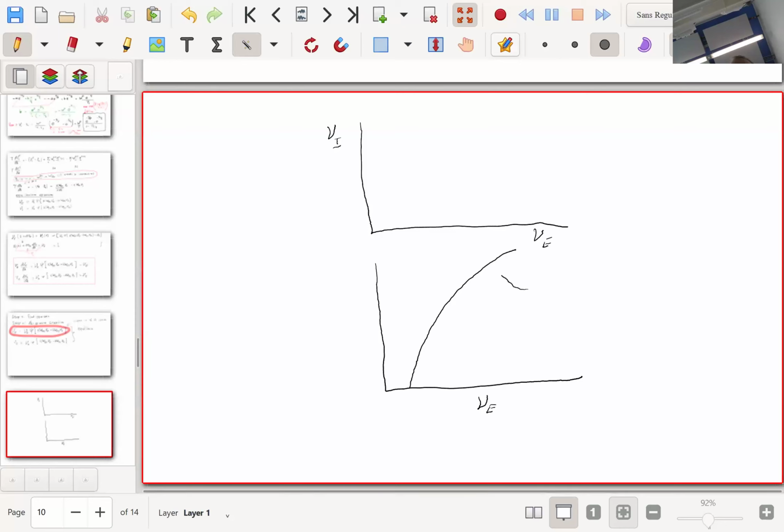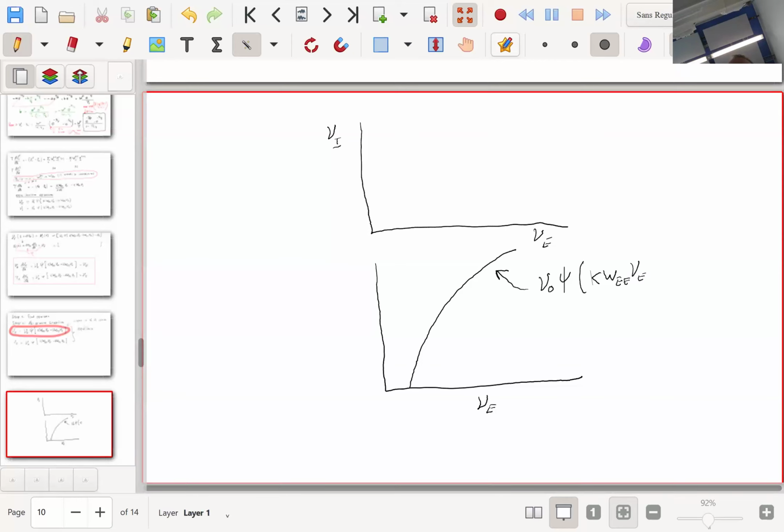So this quantity here is nu zero psi of k w e nu e minus k w e I nu I. Okay?